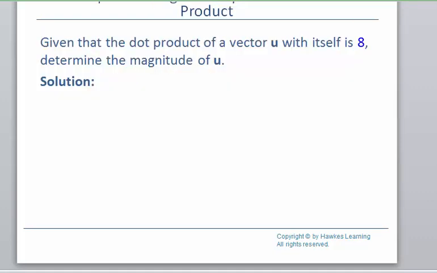All right, so we have an example that says, given that the dot product of a vector u with itself is 8. Okay, so what that means is the dot product of a vector u with itself, and we know that that's equal to 8. And we're trying to find the magnitude of vector u.